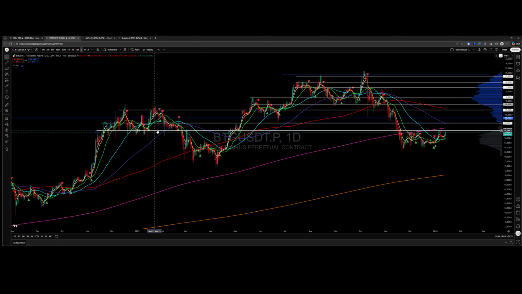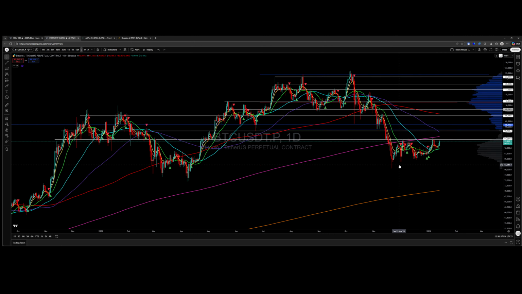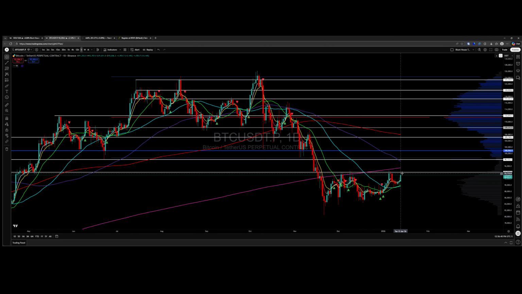All of this structural support and resistance level is still relevant today. And we started laying it down in November 24. And here we are in January 26. Lo and behold, this level is relevant to the penny.